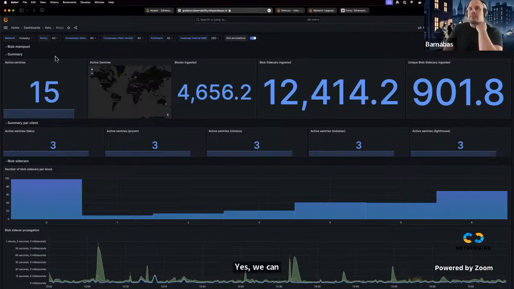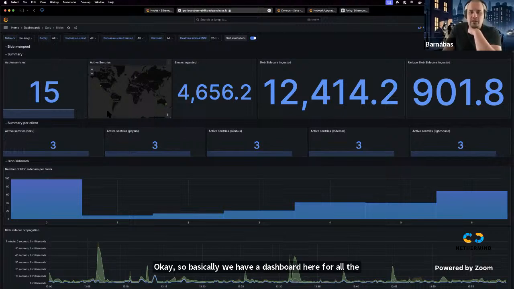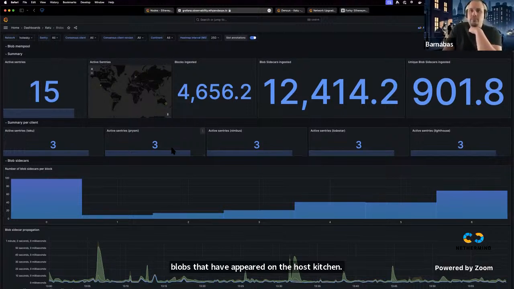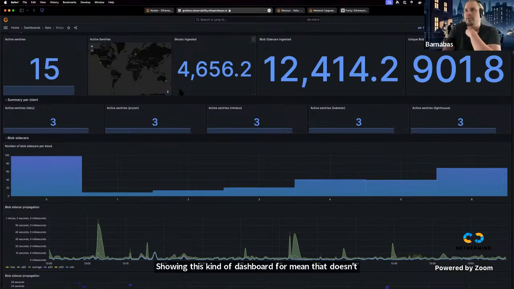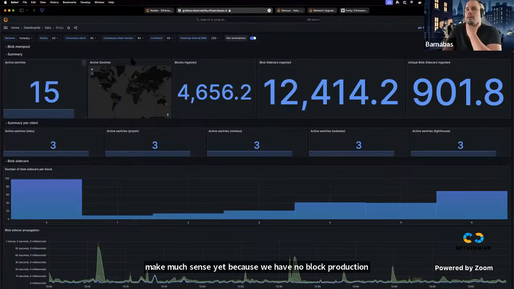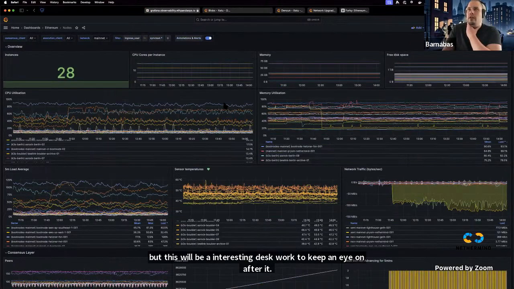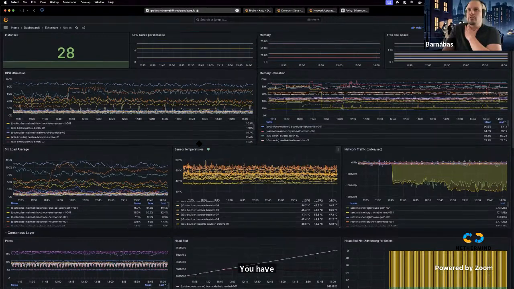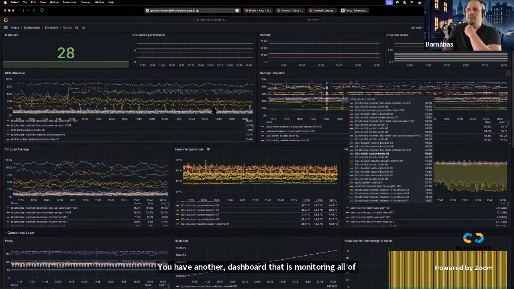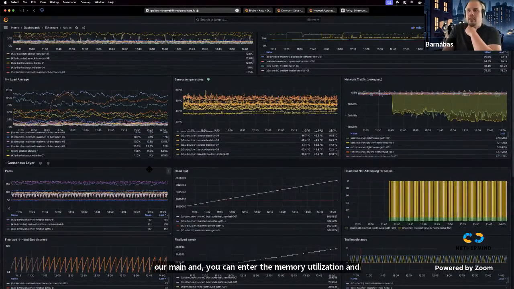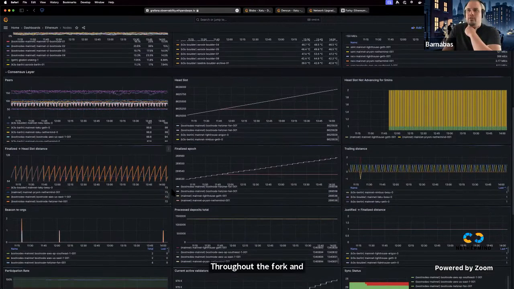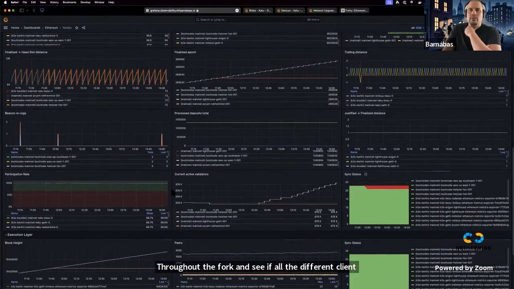Okay, so basically we have a dashboard here for all the blobs that have appeared on the Holesky chain. Showing this kind of dashboard for mainnet doesn't make much sense yet because we have no blob production, but this will be an interesting dashboard to keep an eye on after the fork. We have another dashboard that is monitoring all of our mainnet nodes, and we can monitor the memory utilization and CPU usage throughout the fork and see if all the different client combinations are keeping up to the head of the chain.